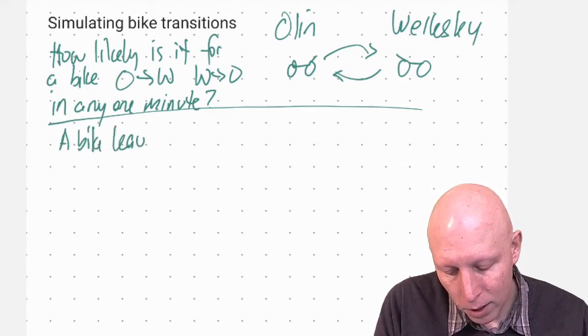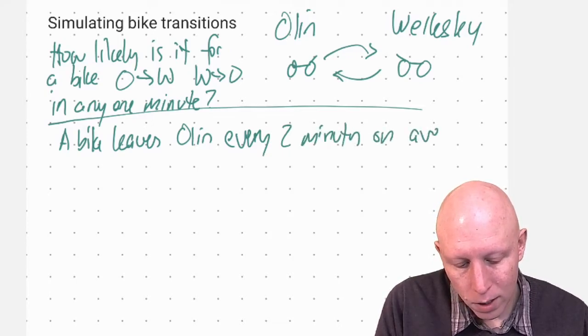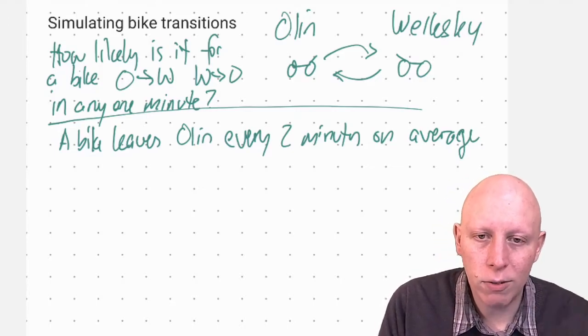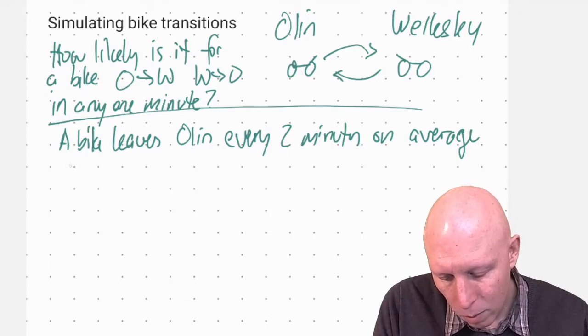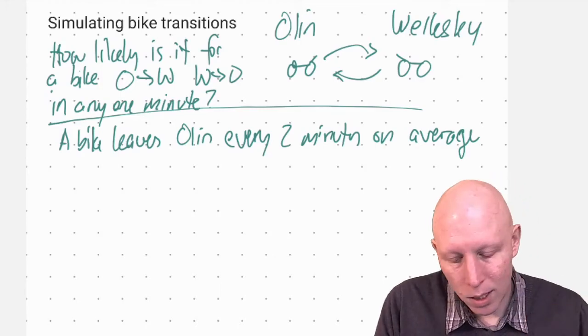So let's say our first assumption is a bike leaves Olin every 2 minutes on average. Okay, so a bike is leaving Olin every 2 minutes on average. We need to turn that into a probability that a bike is leaving in any 1 minute.